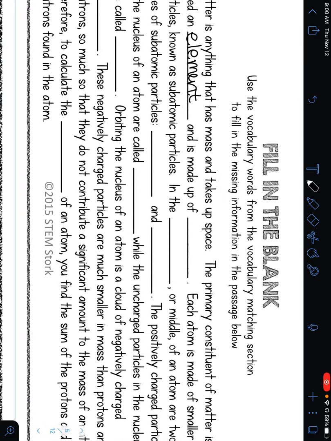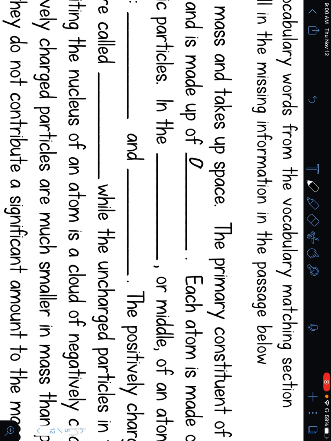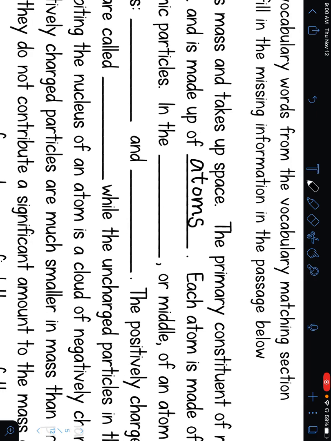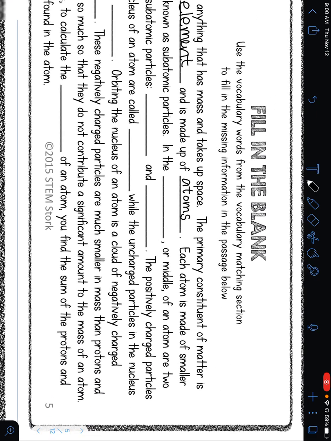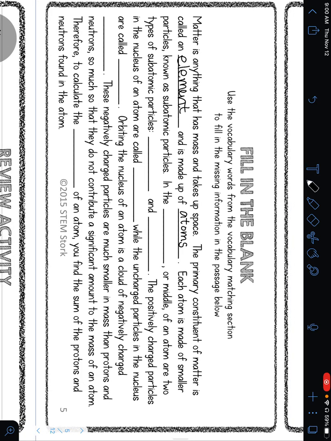And what is an element made up of? What makes up an element? Atoms. Atoms make up everything. Everything is made up of a collection of atoms. Atoms make up elements. Each atom is made up of smaller particles known as subatomic particles.